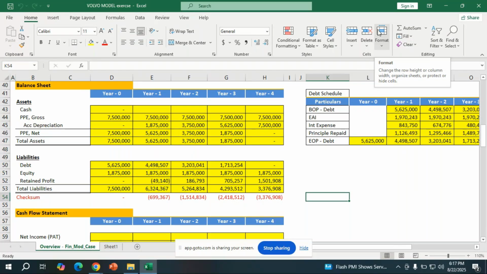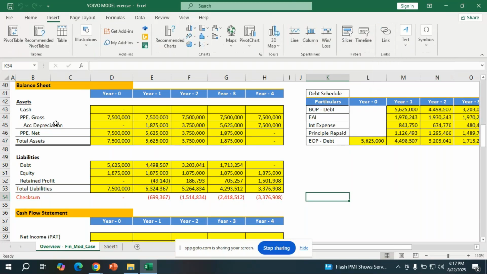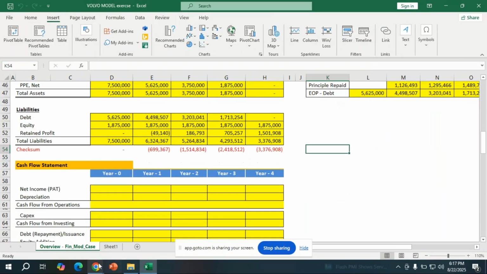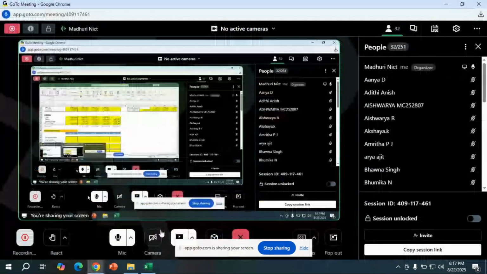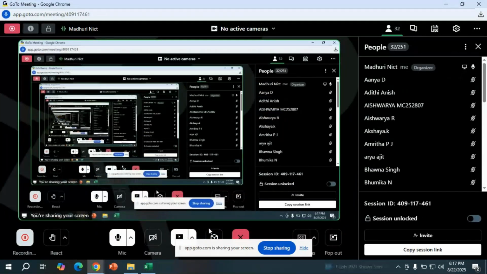Yes. So shall we begin? Yes, are all set. So we had done with the balance sheet and now we are going to move on with the cash flow statement. Now till here, again, I want a confirmation from your side. Whatever has been done till now, completion of the income statement, the debt schedule and the balance sheet, are all these tables clear for you?